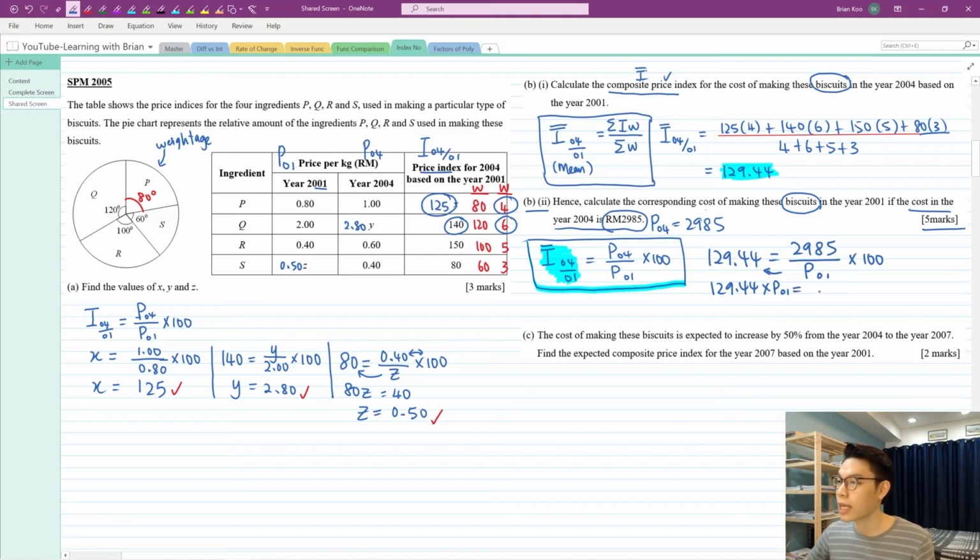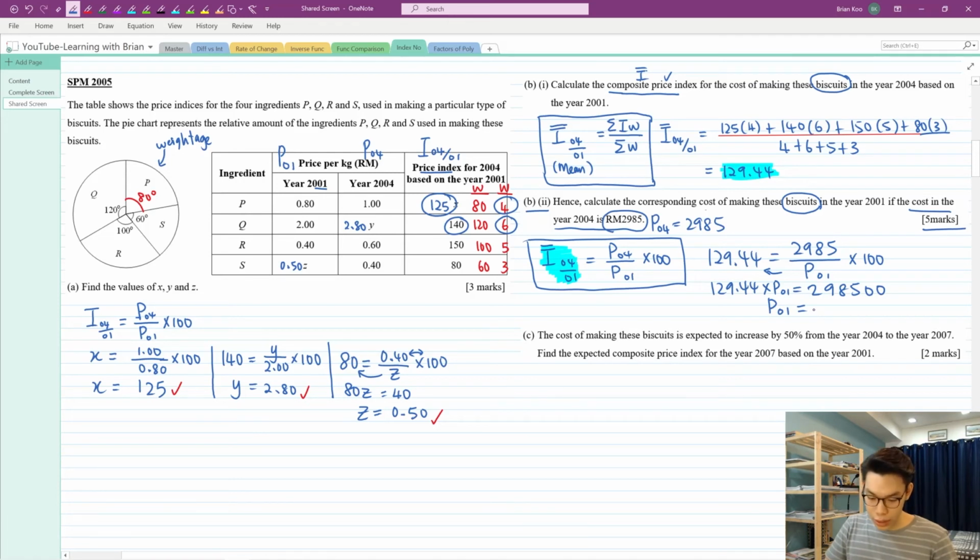If you can do it in one step, that would be even better. I'm just afraid some of you might not be comfortable with me doing it straight away. Therefore, the price in year 2001 is 298500 divided by 129.44.